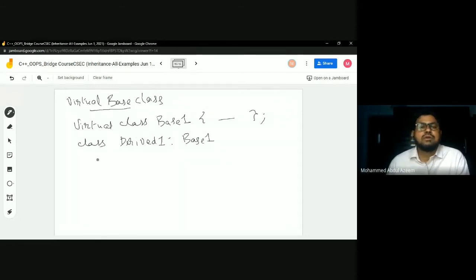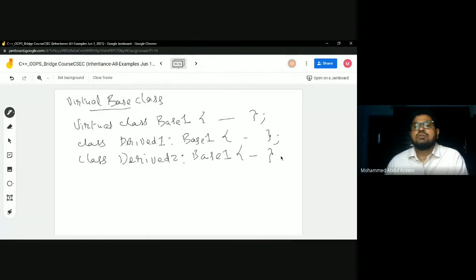Then I can define its code here. Then I have derive two, so I derive two as well. I am inheriting base one, so I just simply say this.